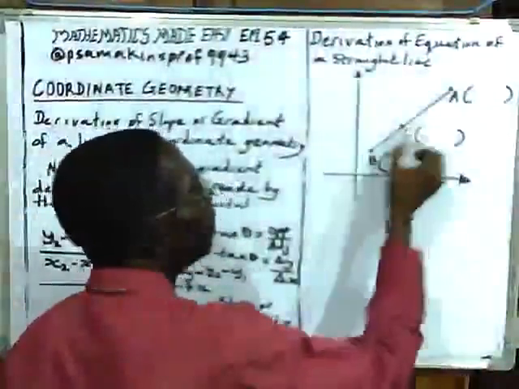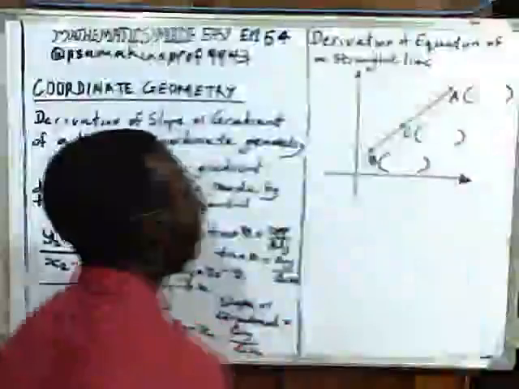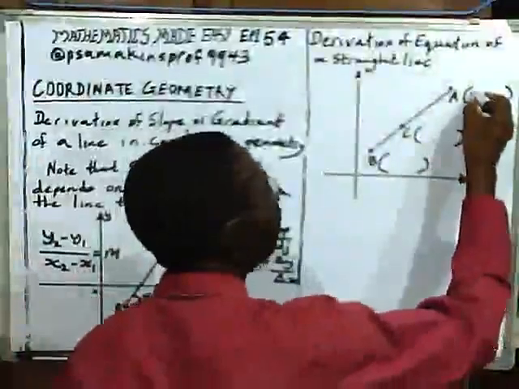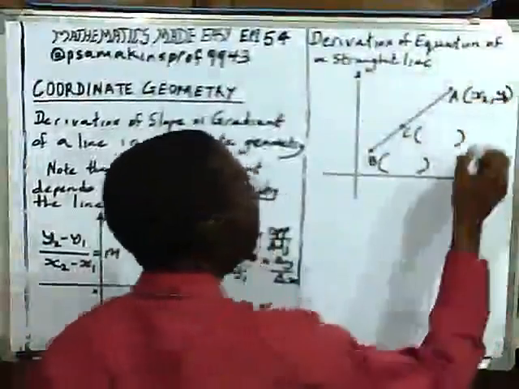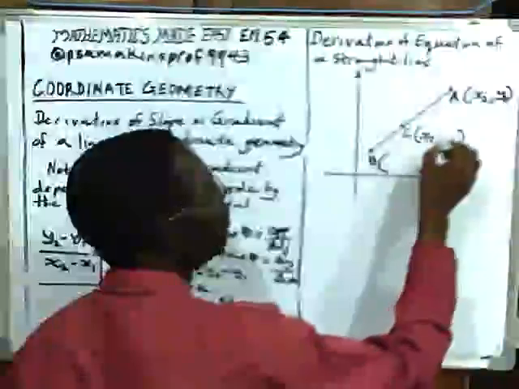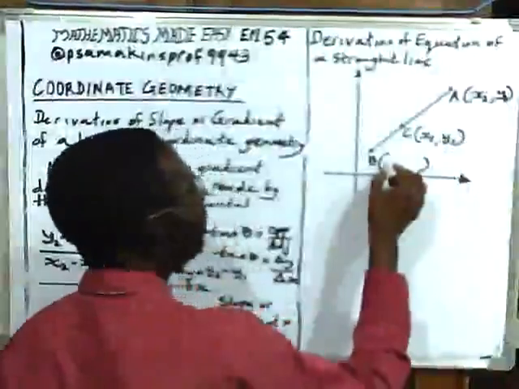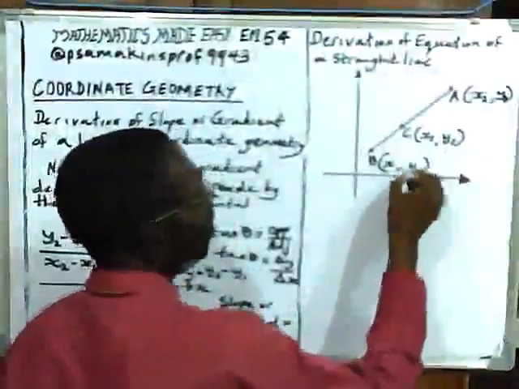The slope here will be equal to the slope here. So now, if this one happens to be x2, y2, while we put this one to be x1, y1, then let's assume that this is ordinary x and y.